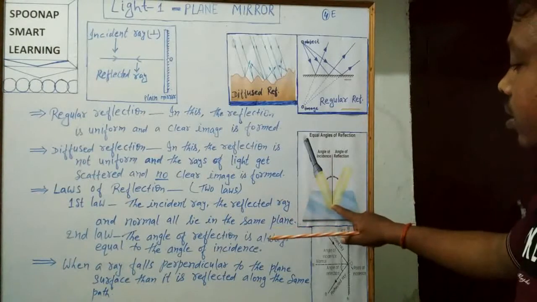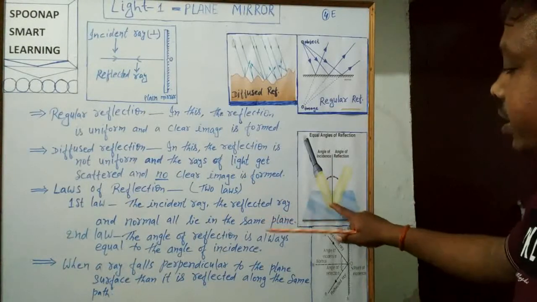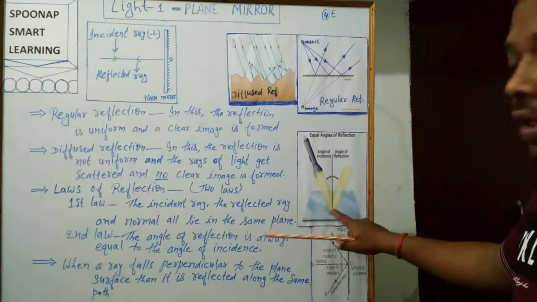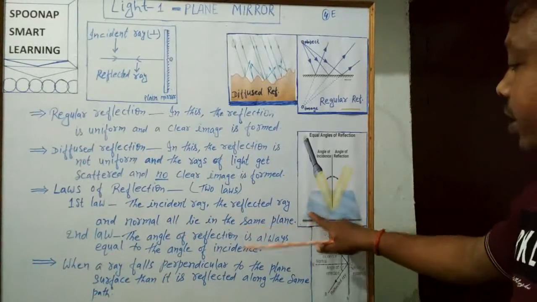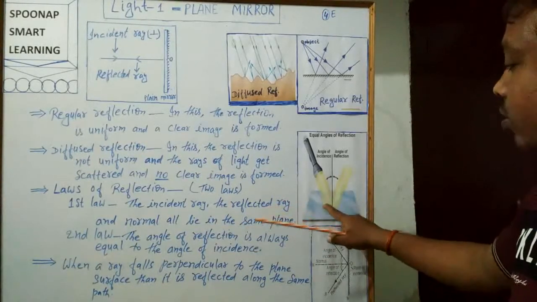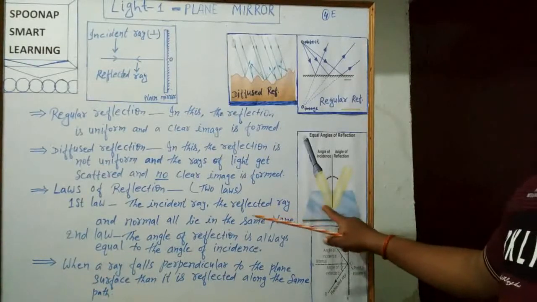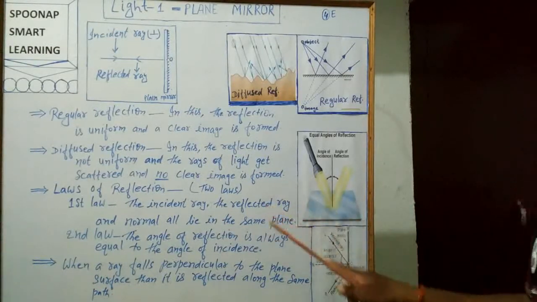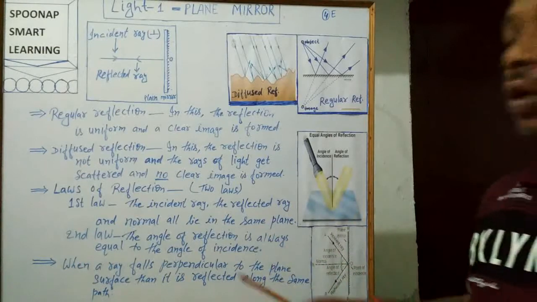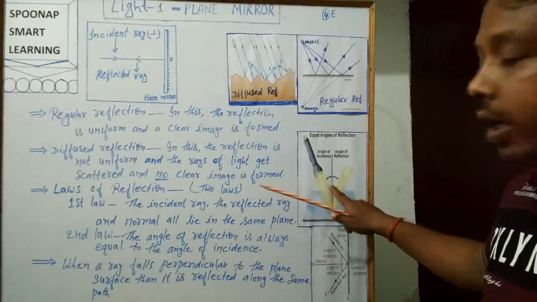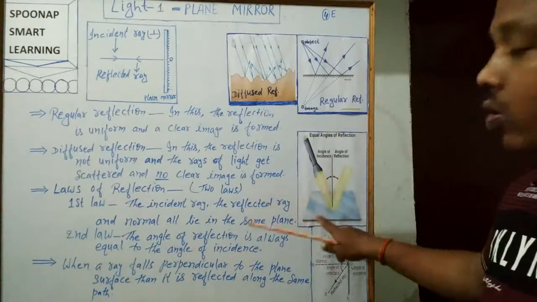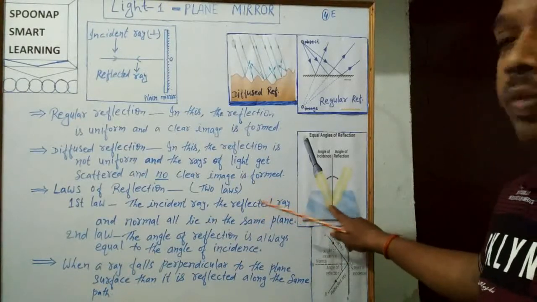That means the incident ray, normal, and reflected ray all lie in the same plane. This is the plane, okay, and at the point of incidence they all lie. That is why we say that the incident ray, reflected ray, and normal all lie in the same plane. Clear?